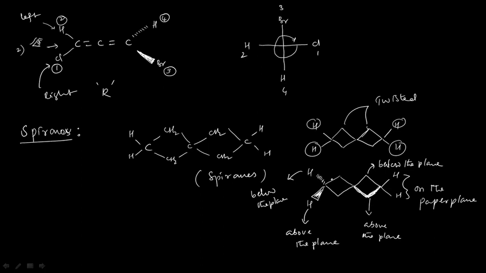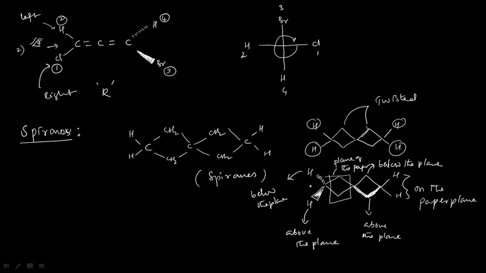This total ring is on the plane of the paper, all carbons in one plane. In the other ring, these two carbons are on the plane, this is below the plane, this is above the plane. So this is the 3D structure of spiranes.